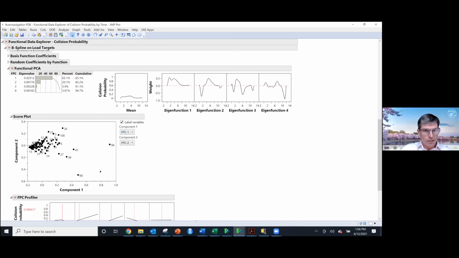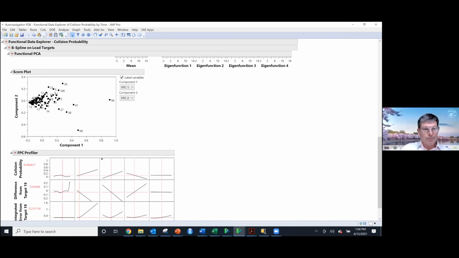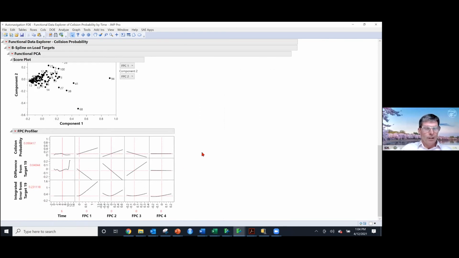And then you can see that 94 and 68 in component 1 and 2 are kind of outliers. We could go take a look at that, but in the interest of time, here's a profiler. And the profiler is in terms of the functional principal components over time. So we can model that collision probability as your functional principal components.